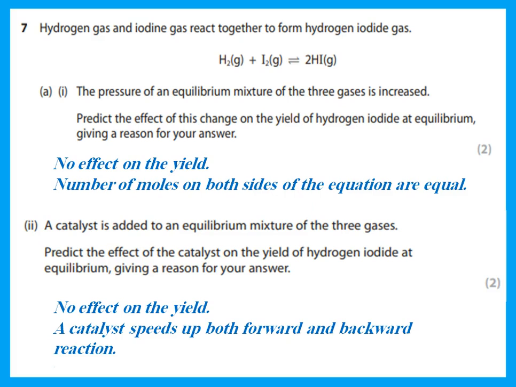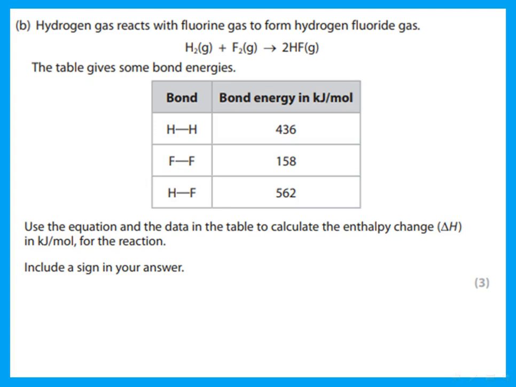So there is no effect on the yield. So for a reversible reaction, the catalyst does not have an effect on the point of equilibrium. It makes the reaction faster, so it reaches equilibrium faster, but it does not make it go more forward or more back.